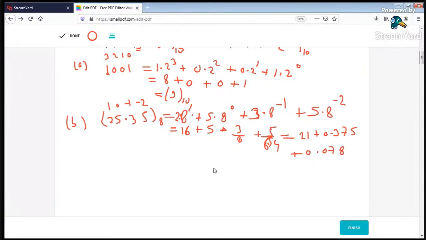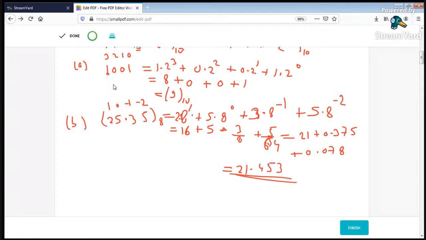If you add all these values, the final answer will be 21.453. This will be the final answer for B part.